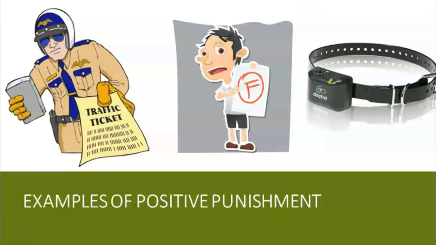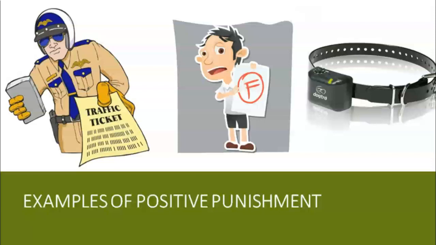This last one is a dog shock collar. I don't use dog shock collars, but I do know people who do, especially those with large properties. The idea sometimes is that if the dog barks too much, or in the electric fence kind of situation, it gives them a buzz when they're doing a behavior that they're not supposed to do, that we're trying to decrease.